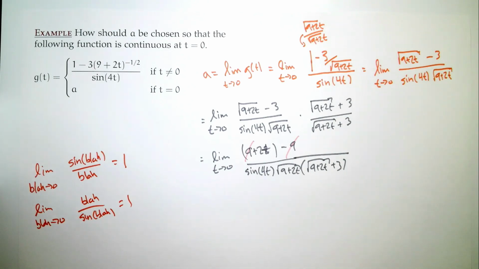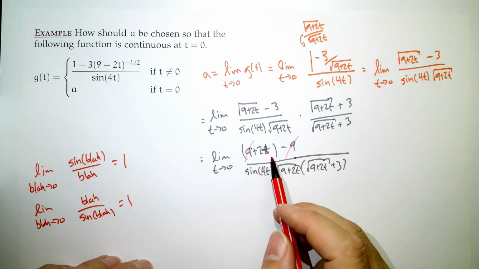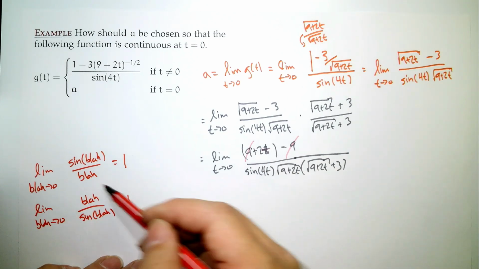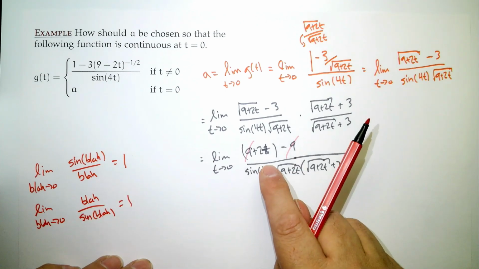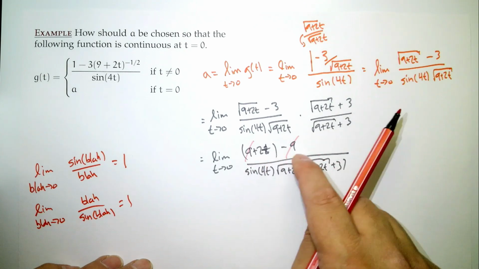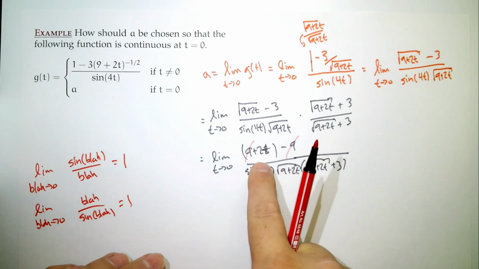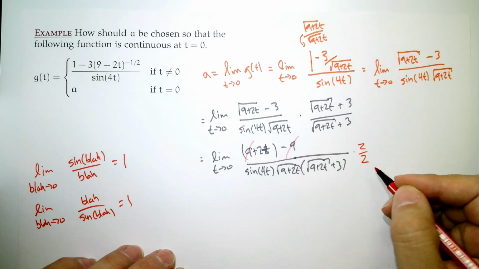So I say, hey, I've got sine of 4t. What would be great to be upstairs? 4t, because that would get us right into that nice sweet spot. We're close. We've got 2t, because the 9s are gone. How can I make it 4t? Well, the 2t we already have, so we just need the 2. So we're going to multiply by 2 over 2.